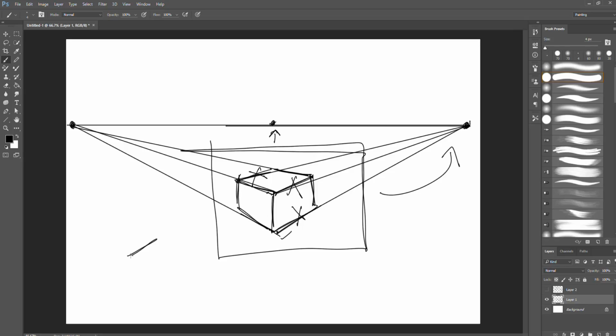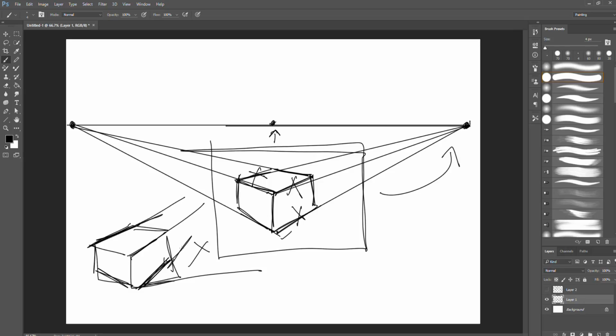So I can't ever draw a box that does something like this, because these two lines won't ever touch. I have to construct my box such that I at least get the sense that these three lines will eventually touch somewhere off in the distance, and that will hopefully be around where my eye level is.